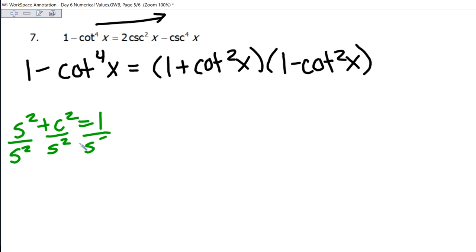Sine squared divided by sine squared is 1 plus cosine squared divided by sine squared, cotangent squared, and 1 over sine squared is equal to cosecant squared. So instead of 1 plus cotangent squared, what can I replace that with? Cosecant squared.